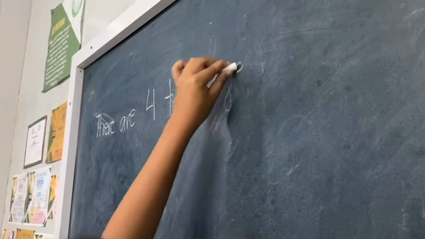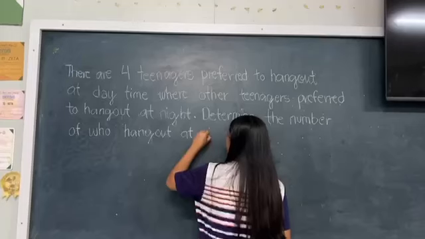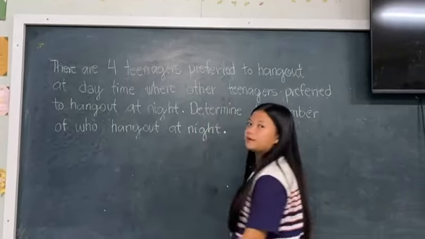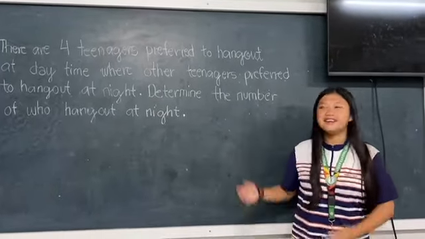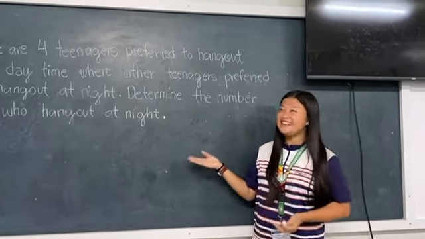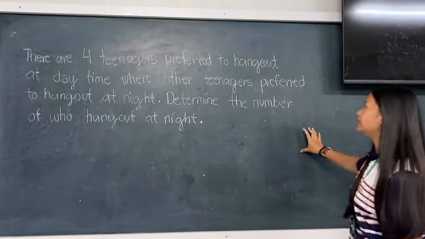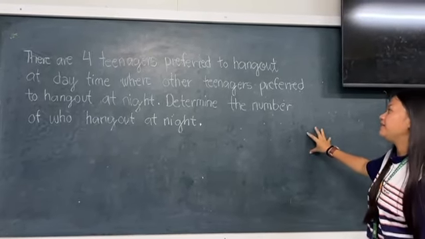As they arrived at their classroom, the teacher wrote a question. The question says that 4 teenagers prefer to hang out at daytime, where other teenagers prefer to hang out at nighttime. Determine the number of hangouts at nighttime.